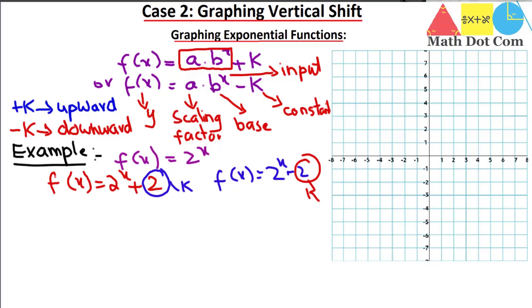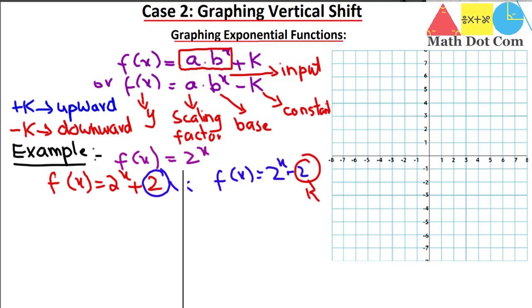It means the original function is shifted by 2 units in 2 raised to power x plus 2, and similarly it is shifted by 2 units in 2 raised to power x minus 2, but one is in the upward direction and the other is in the downward direction. I have separated these two transformations of the parent function f of x equals 2 raised to power x.